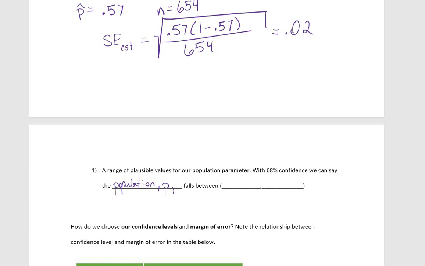If we're doing 68% confidence, then that is going to be p hat plus or minus just a single standard error. So that would go down to 55%, and it would go up to 59%. So we are 68% confident that the actual amount of Democrats that agree with that statement is somewhere between 55% and 59%.